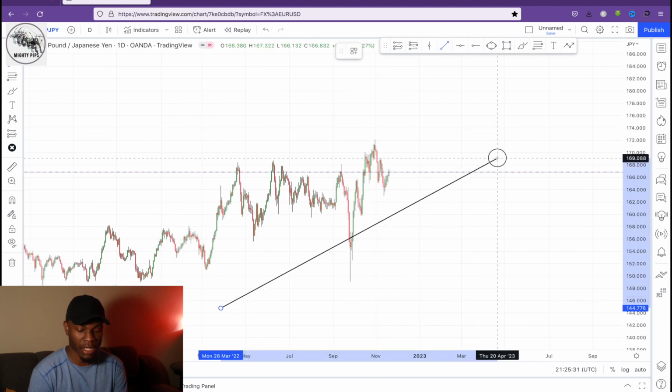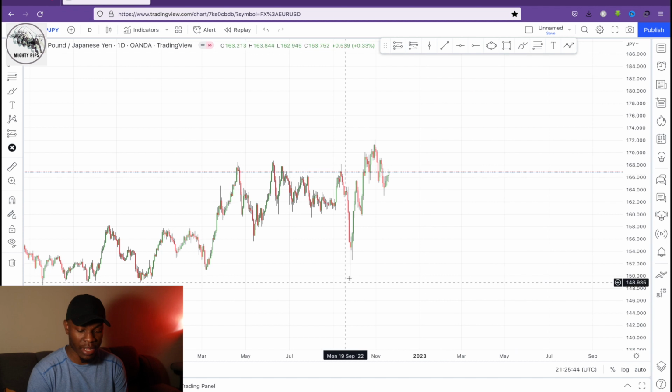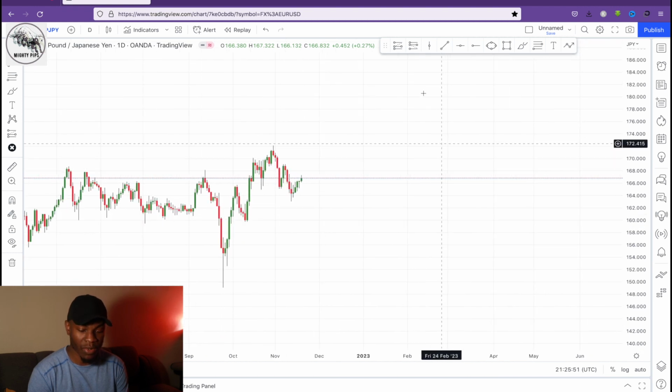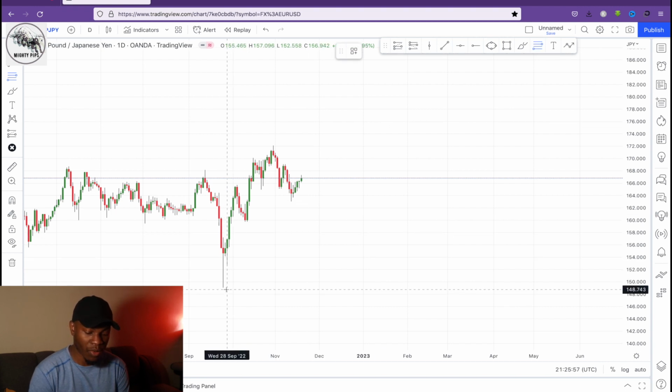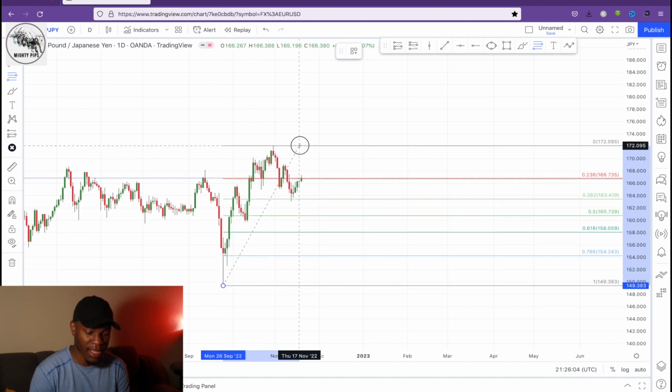So what you're looking for is the most recent significant low point, which would be this area here. As I showed you in the previous video, you want to get the Fibonacci retracement tool, go to the lowest point on the chart here, and draw your retracement to the most recent highest point, which is up here.